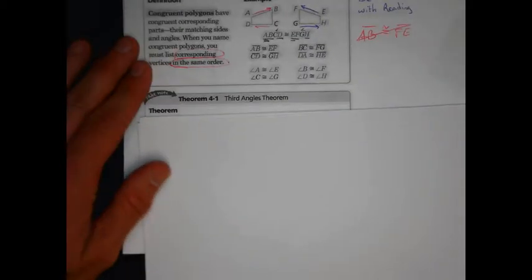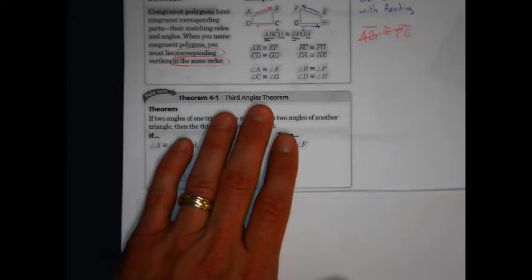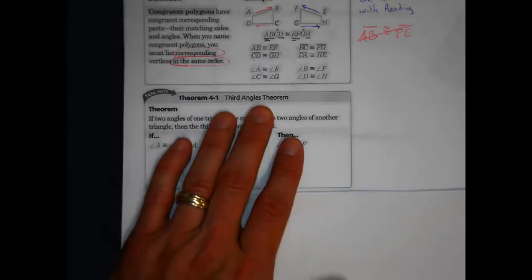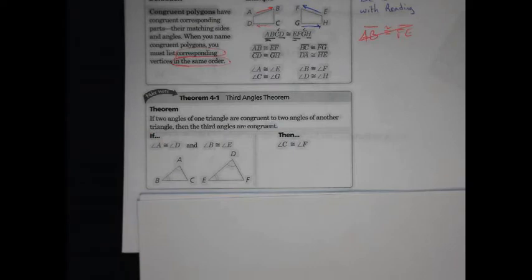The second note we have to talk about is what's called the third angle theorem. The way that's read, if 2 angles of one triangle are congruent to 2 angles of another, then the third angle must be congruent. It just must be, right? It's a theorem because the angles of a triangle are supplementary, so the remaining angles have the same measure.